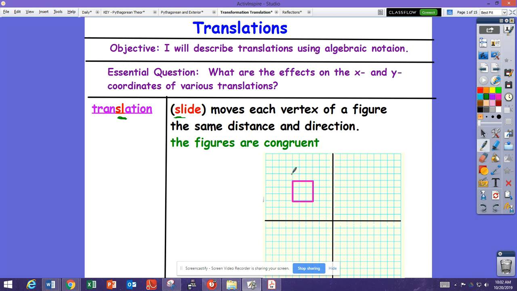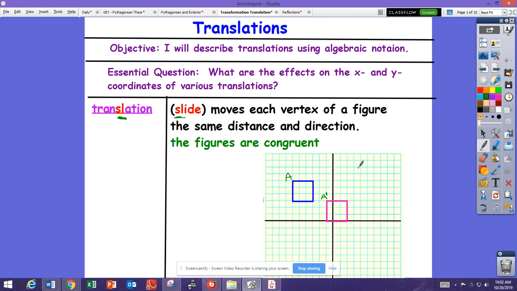So if we call this vertex A and move it 5 units to the right and 3 down, it would look something like this. I'll take vertex A and move it 1, 2, 3, 4, 5, and then 3 down, 1, 2, 3. And now this shape has been translated. This would be called A prime, and it's been translated 5 units to the right and 3 units down.